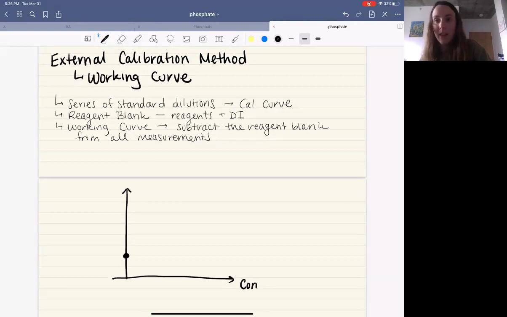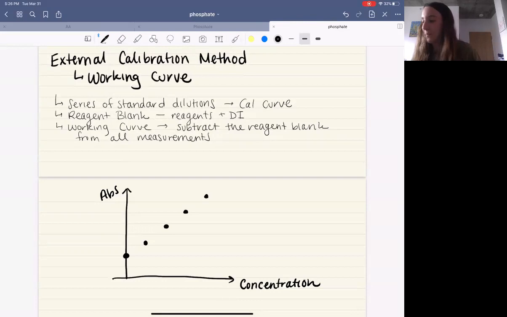You didn't add anything to it. It's just plain DI water. Okay. And then you made a series of standard dilutions, so those have some known concentration, and according to Beer's law, they should have an increasing absorbance with increasing concentration.